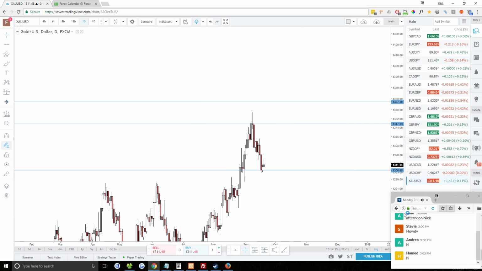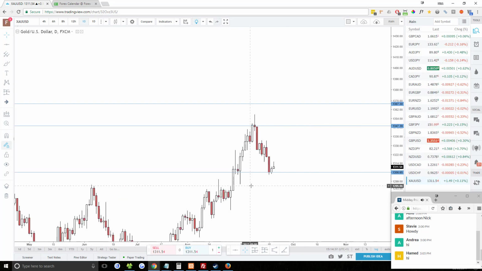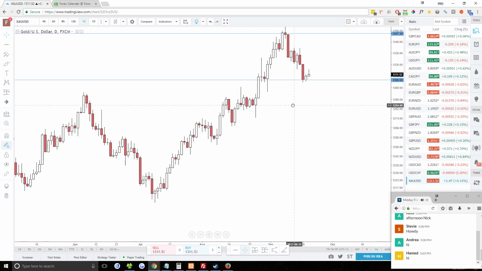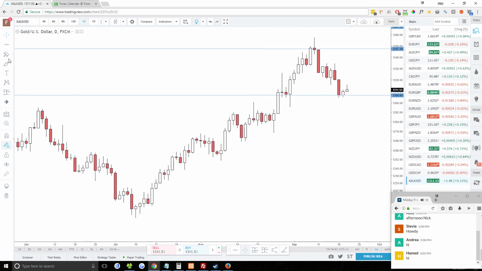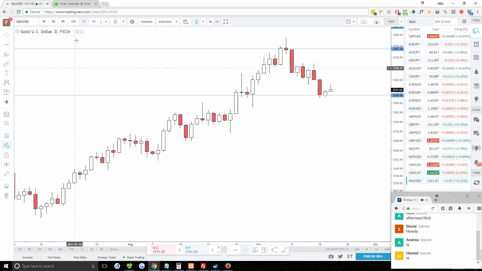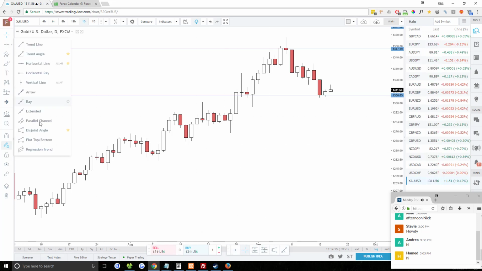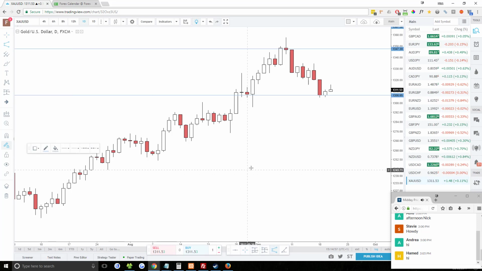Interesting. Potential long here on gold USD. Tad late to get into this one, really. Where's the... Oh, I just missed it. Never mind.